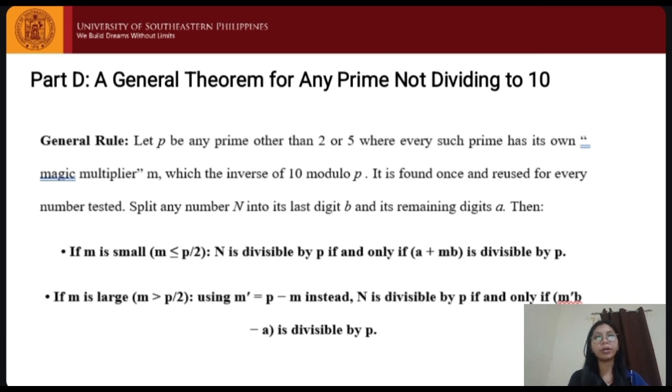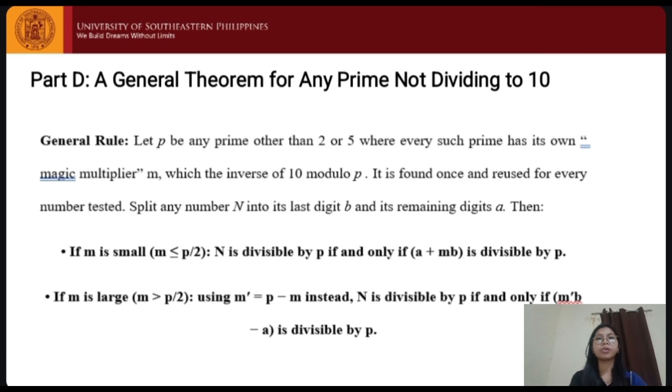However, if the multiplier is large, we instead use its complement, p minus m, which gives us the subtraction rule: m prime times b minus a. In other words, every prime has one simplest multiplier, and that determines whether we use addition or subtraction.